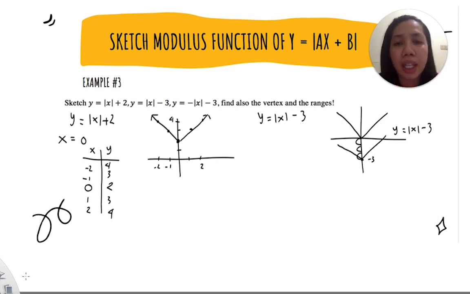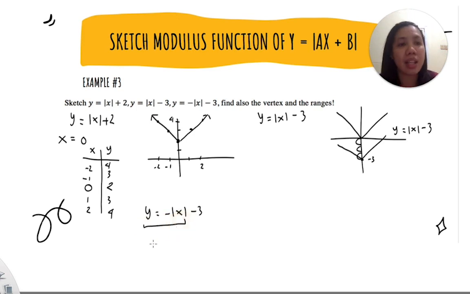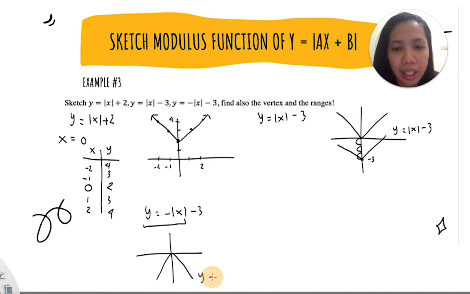And how about if we have y equals minus the absolute value of x, minus 3? The original function of this is y equals minus the absolute value of x. As we have seen in the first example, the original function shape is the inverted one of y equals the positive absolute value of x. This is y equals minus x.